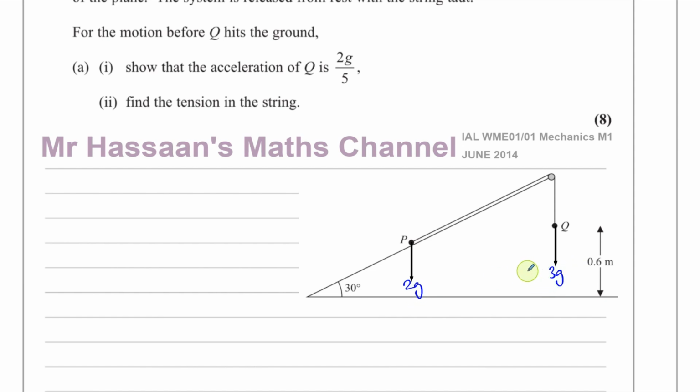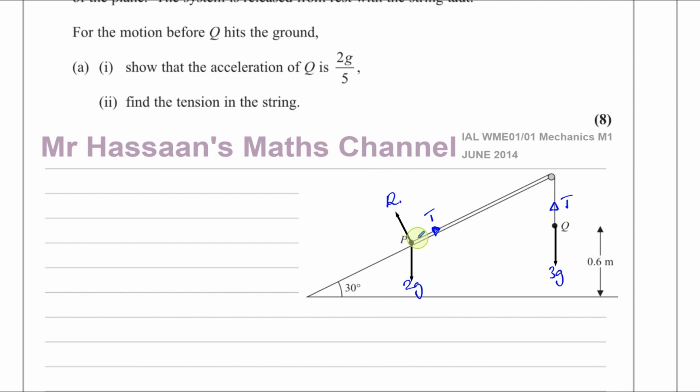Okay, and we have the tension in the string acting upwards for Q and also upwards for P. That's what's pulling P up, and that's what's slowing Q down as it falls. All right, so there's the tension in the string acting, and we have the reaction force when P is in contact with the surface acting perpendicular to the surface, which won't really affect our answer because we don't have friction today.